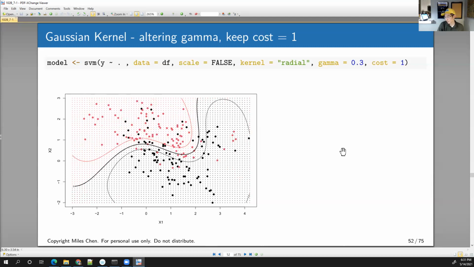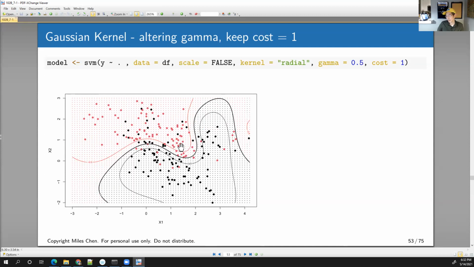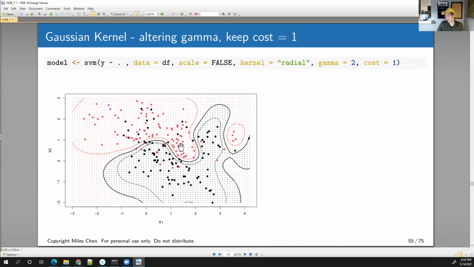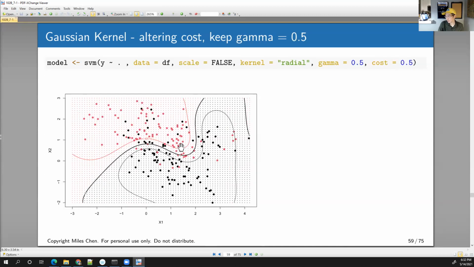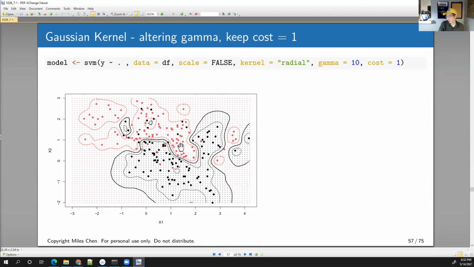It's like a fat hose that's hard to bend, and this is as much curvature as you can get. And this is like using thinner and thinner cables that you can bend around. And at a high gamma, you get this.